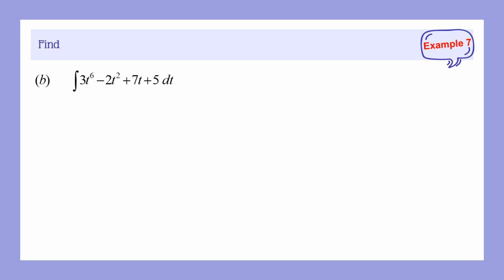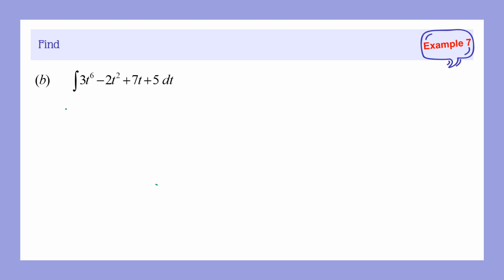Question B, we want to find the integral of 3t to the power of 6 minus 2t squared plus 7t plus 5 dt. First, we split into 4 parts since we have the operations minus and plus, so we can use the sum and difference rule.